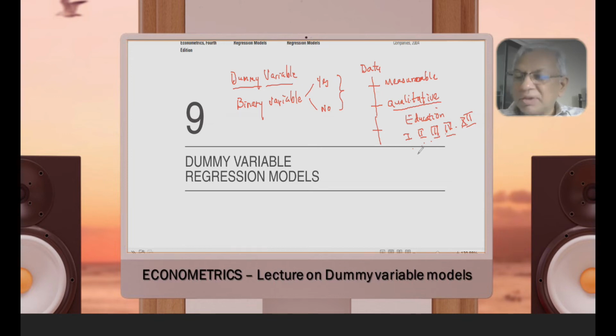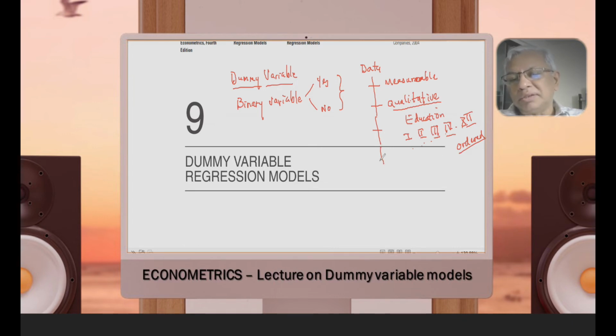The answer is there is a different quality. Class 1 represents one quality, class 2 represents another quality. So these are qualitative variables, but these are ordered qualitative variables. We realize these can be ordered properly. We know which one is bigger, which one is smaller. We know the knowledge of class 12 is bigger than the knowledge of class 10. So in a way, we know this is ordered, but it's still a quality, not a quantity.